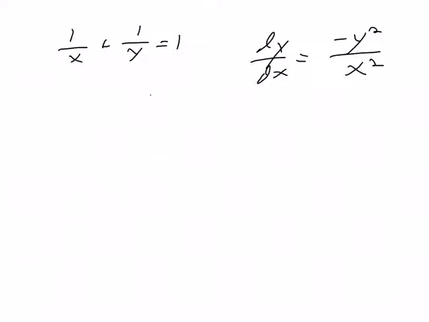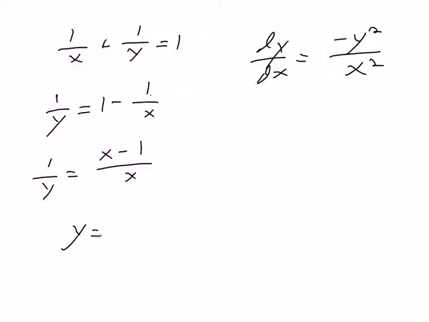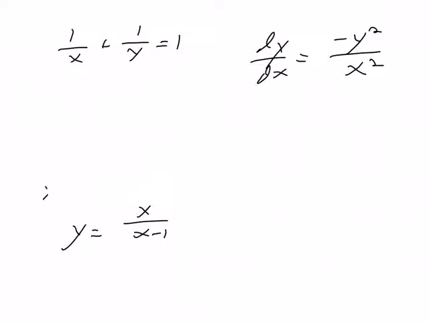I did not solve for y correctly. Move to the other side, get 1 over y is equal to 1 minus 1 over x. That's what you get. So 1 over y is equal to x minus 1 over x, or y is equal, and now you flip it, to x over x minus 1. Okay, so now let's do this.